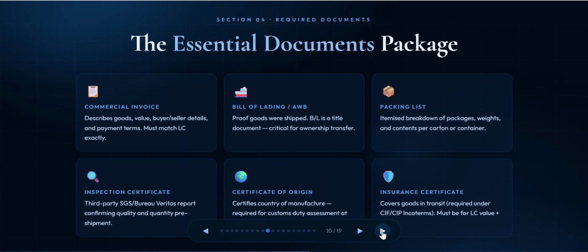Essential documents package: commercial invoice, bill of lading, packing list, inspection certificate, certificate of origin, then insurance. These are some of the documents, but not the entire list. There could be many other documents which can be called under the LCs.